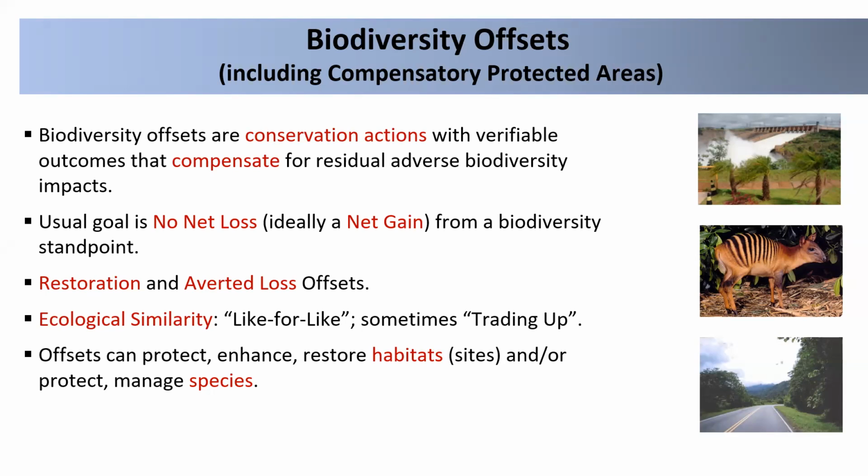So in this situation, it may be appropriate to consider a so-called out-of-kind offset that involves trading up, which means that we offset targets biodiversity of higher priority than that affected by the project, but somewhere else. So in this way, regardless of the type, any areas considered as offset for residual adverse impacts in critical habitats will also be a critical habitat. So whenever we do the offset, that area also will be a critical habitat.